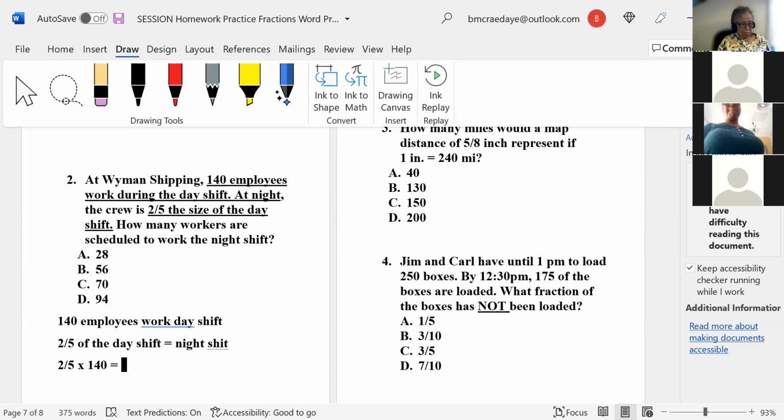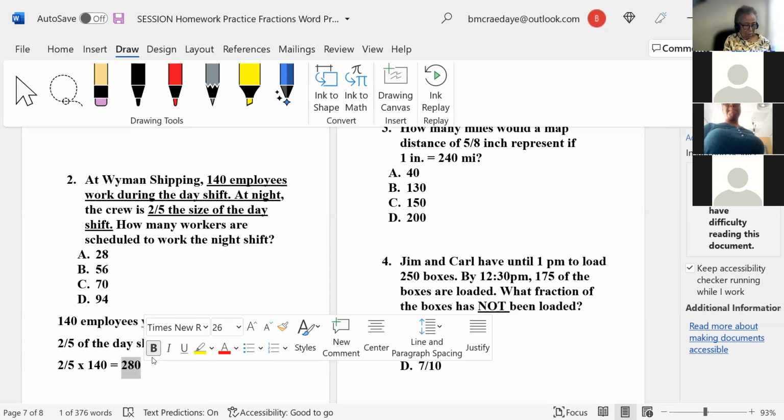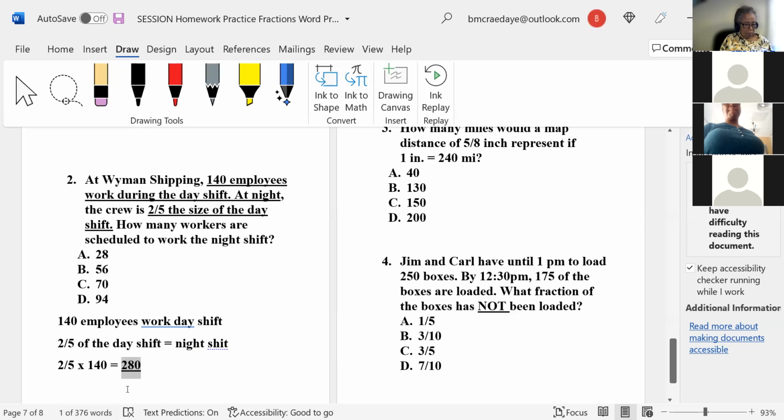What's 2 times 140? 2 times 140 would be 280. And you're dividing that by what? 5. Okay, let's put the 5 underneath here.